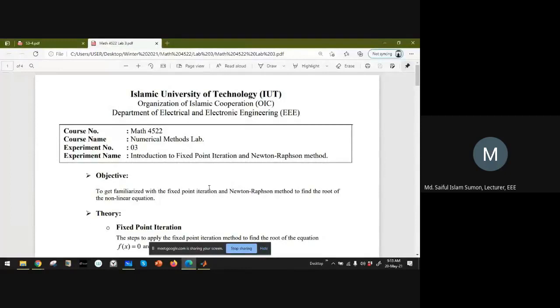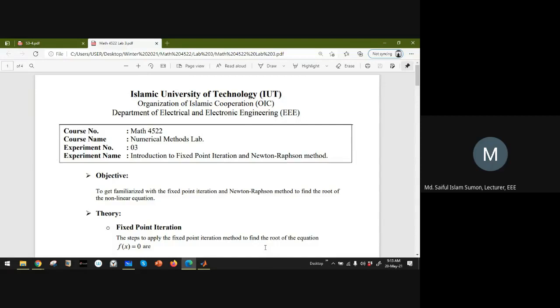So today this is the third lab, and in this lab also we are going to learn how to solve nonlinear equations. Probably in the last lab you learned one method. Today we are going to deal with two methods, both of them iterative.